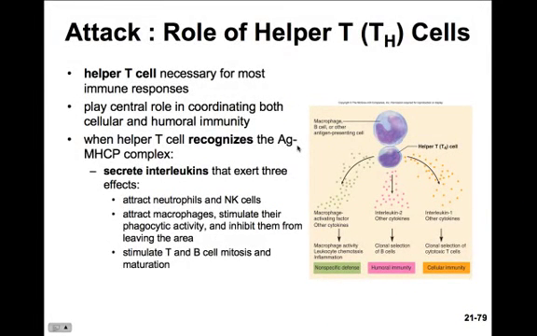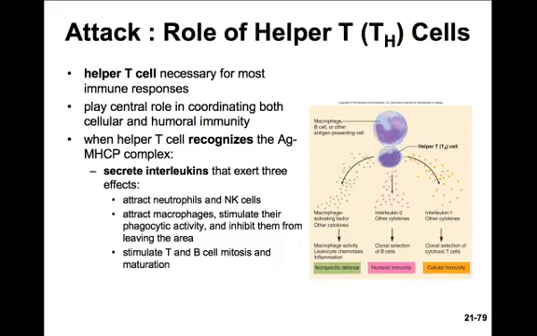The helper T cell will recognize the antigen MHC protein complex and begin secreting interleukins that exert three effects. Remember, the interleukins are chemicals that signal other white blood cells. So they'll attract neutrophils and natural killer cells to the site, as well as stimulating phagocytic activity of the macrophages and inhibiting them from leaving the area.